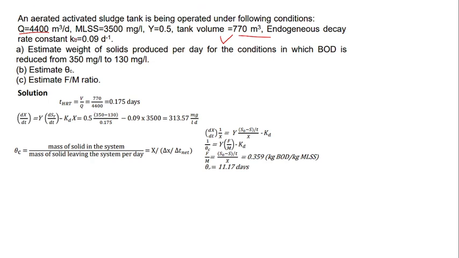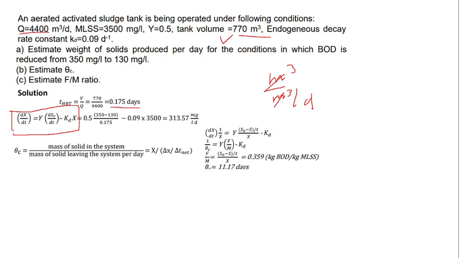This is in meter cube and this is in meter cube per day, so it will get cancelled and you will obtain the HRT as 0.175 days. Next, you are finding the weight of the solids in a day. So dX by dt is equal to, this is the standard relation.